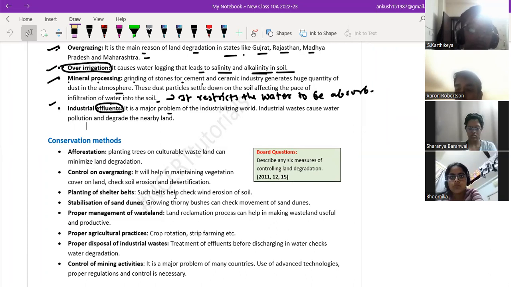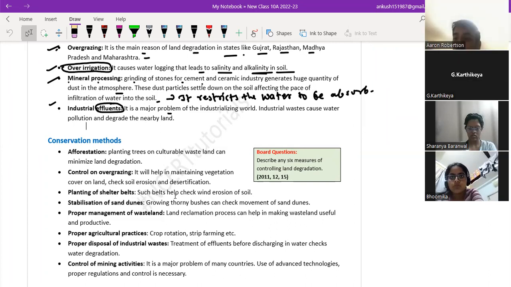Now, how can we conserve it? Most of the time we say it is the responsibility of the government to take care of everything, that it should restrict these industries and these mines. But how can development take place without these processes?